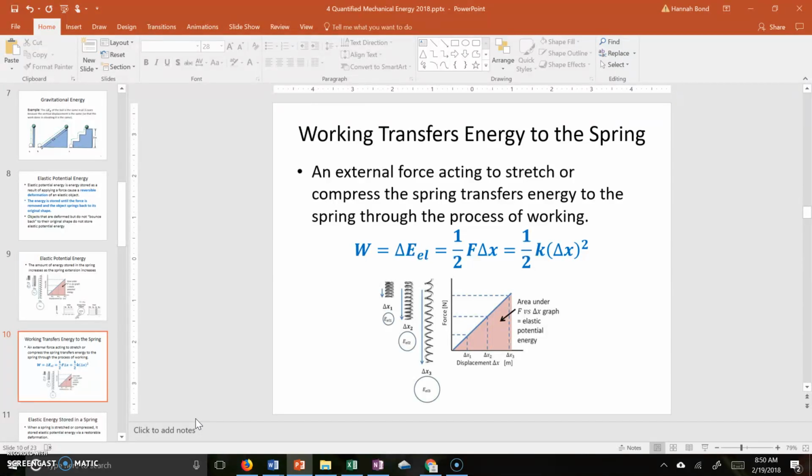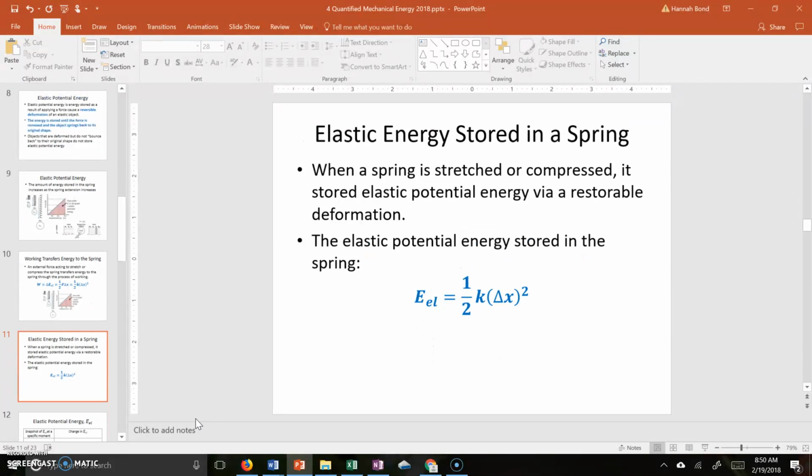Remember that the spring constant K was the slope of the force versus displacement graph. So, when a spring is stretched or compressed, it's storing elastic potential energy via that restorable deformation.